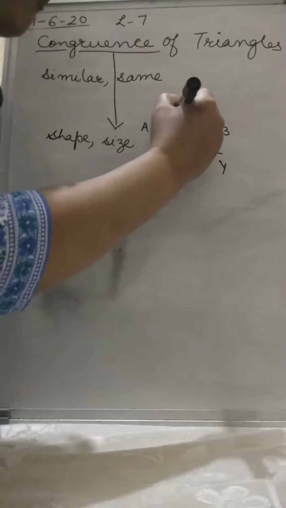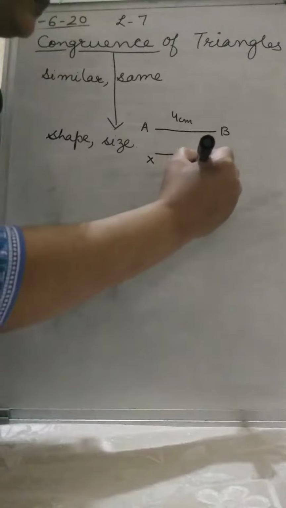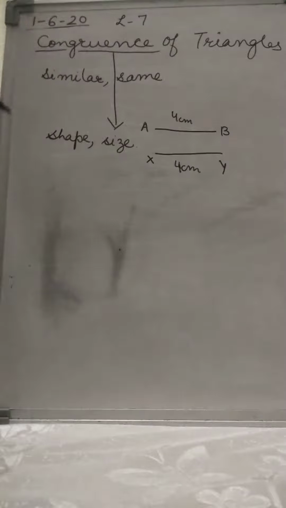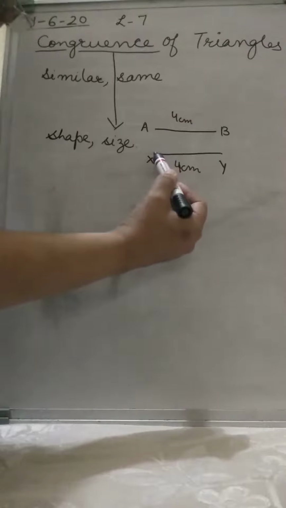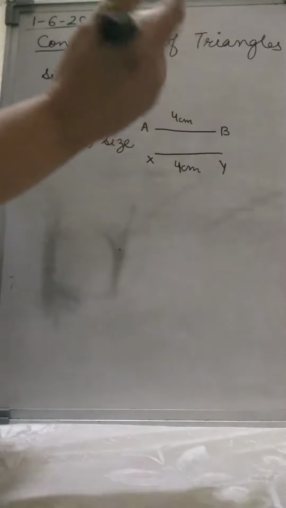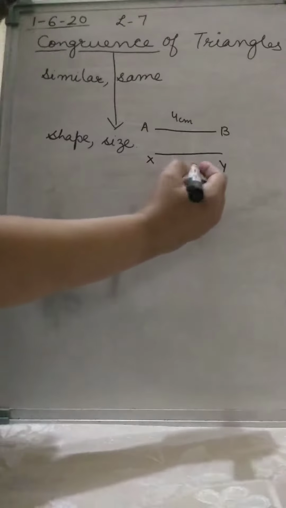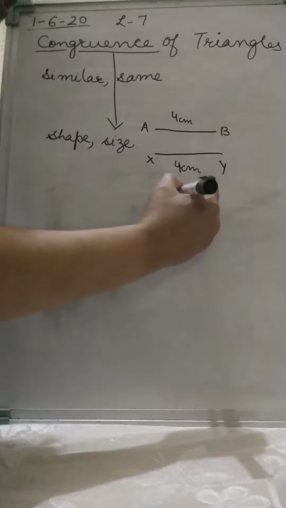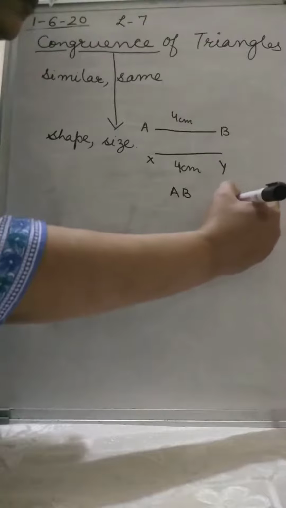Suppose both are 4 centimeters. I'll say these two lines are congruent to each other, because if I keep point A on point X and point B on point Y, they will come on each other. So the length is the same. These are called congruent line segments.